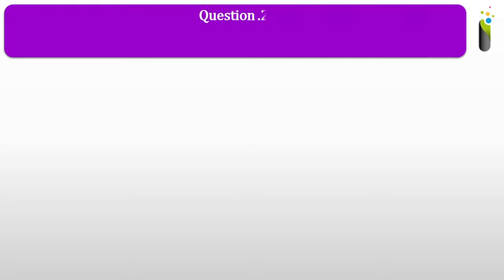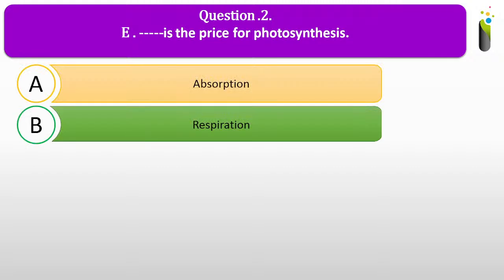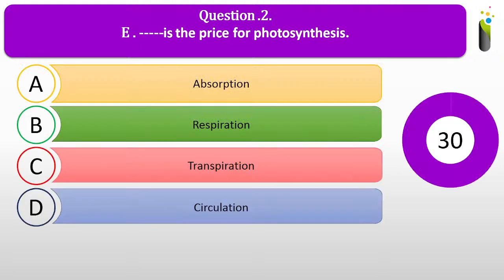Coming to the next question, number 2E. Dash is the price for photosynthesis. A, absorption. B, respiration. C, transpiration. D, circulation. So dash is the price for photosynthesis.